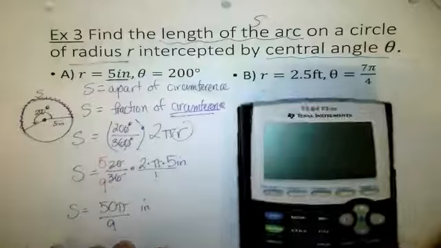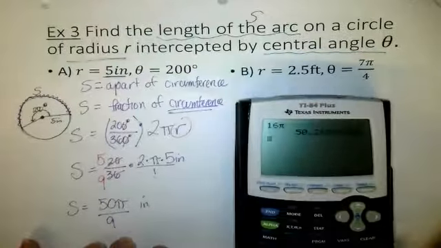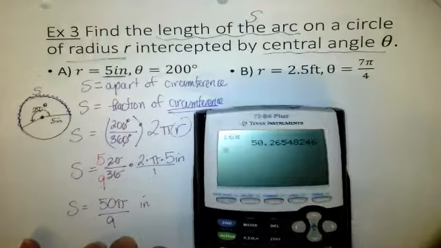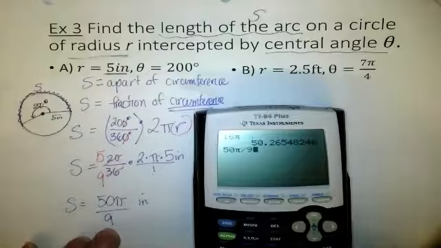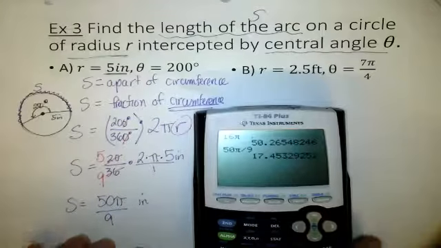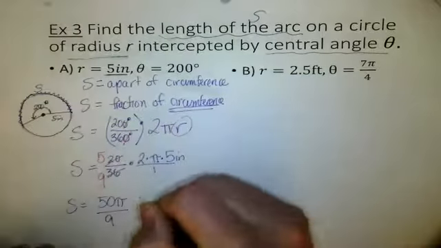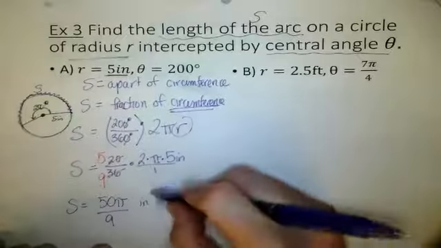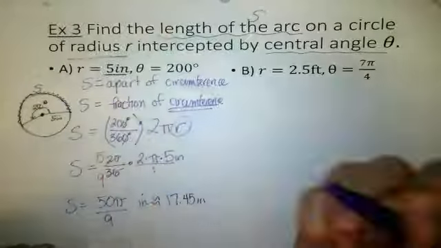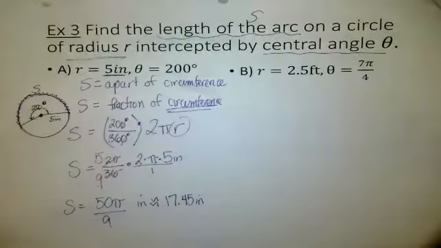But I think on the worksheet, they might ask you to type it in to your calculator. So we can do 50 pi divided by 9. 17.45 inches. And because I'm meticulous, I'm going to use the approximately 17.45 inches.